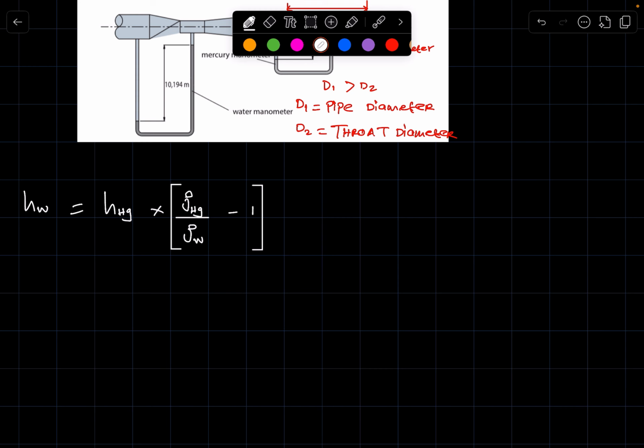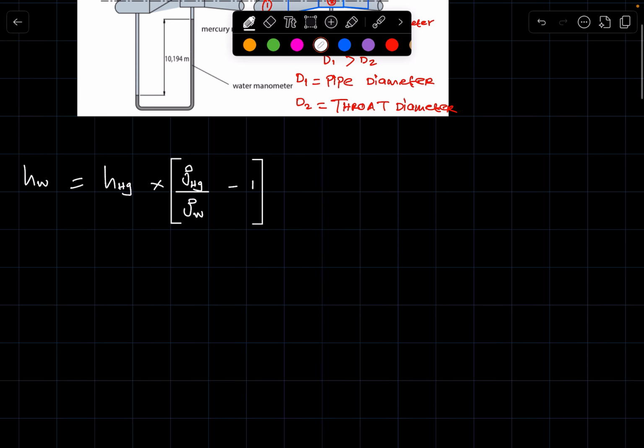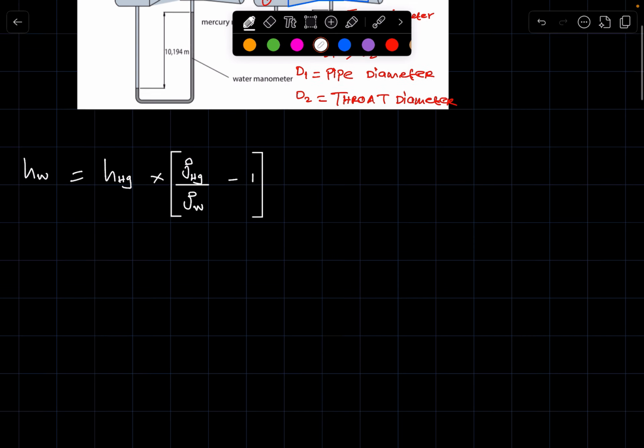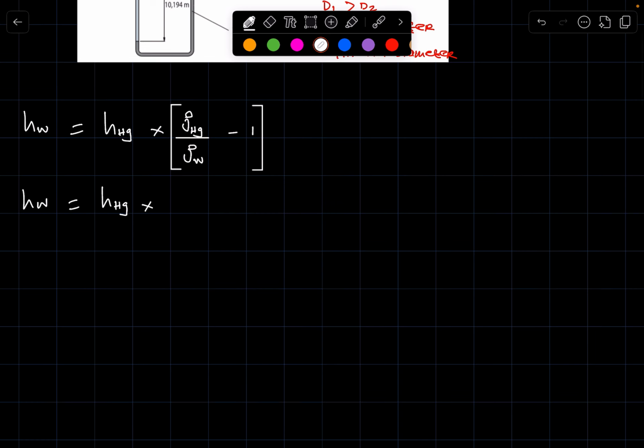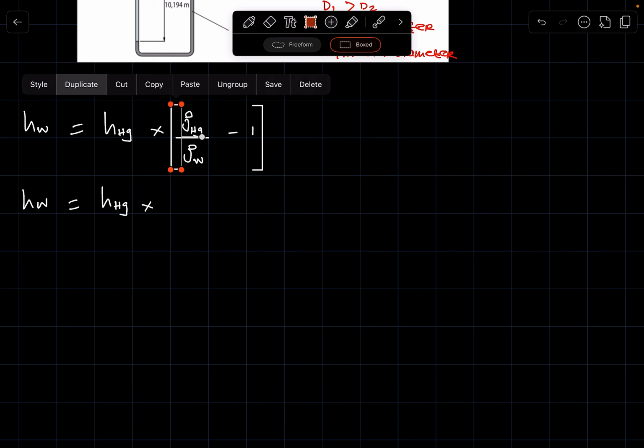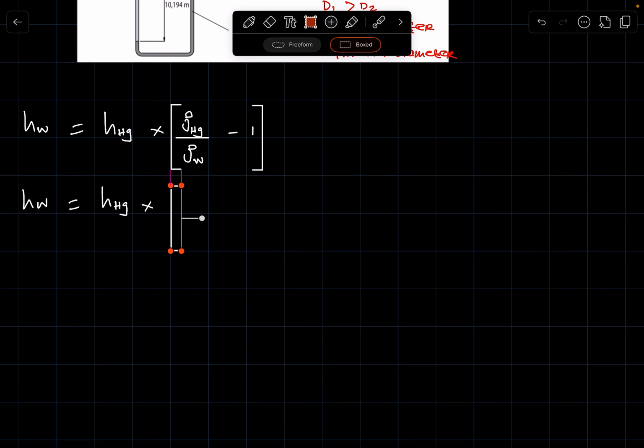Now to simplify this formula, let's say here H of water is equal to H_Hg times, now the density of mercury remains the same. It is incompressible, hence it remains the same.